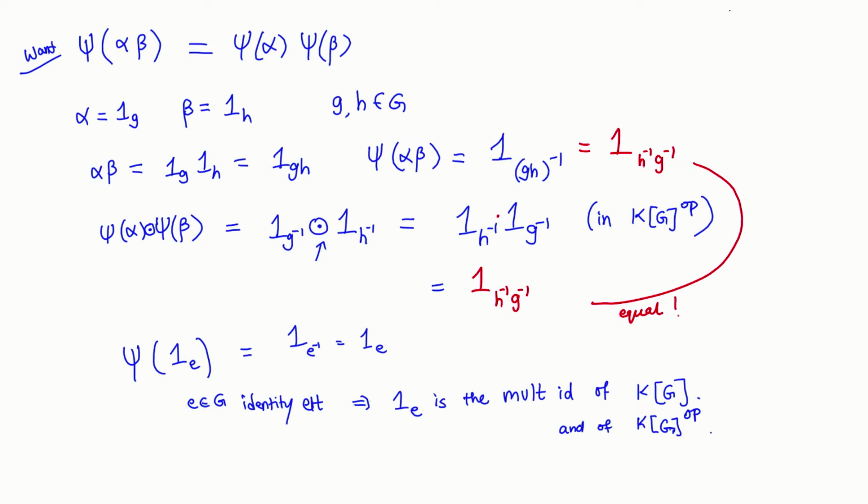A left module over kG via this isomorphism becomes a left module over kG op, but a left module over kG op is just a right module over kG. So the corollary of this isomorphism is that for kG, left and right modules are really equivalent notions. We don't need to worry about left versus right.